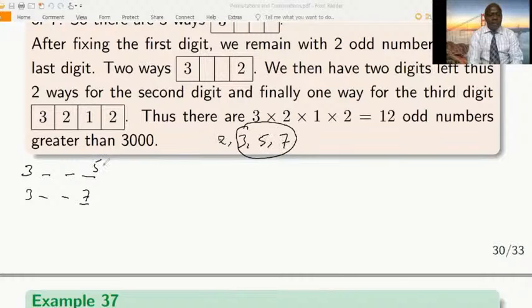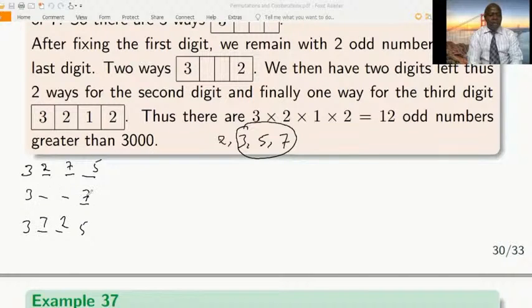If the last digit is 5, then I'm left with either 2 and 7, or 7 and 2.